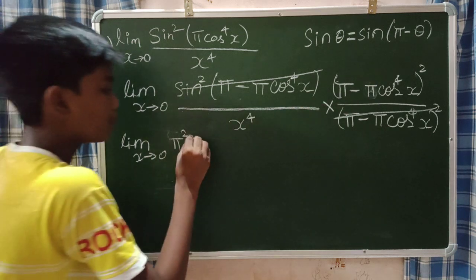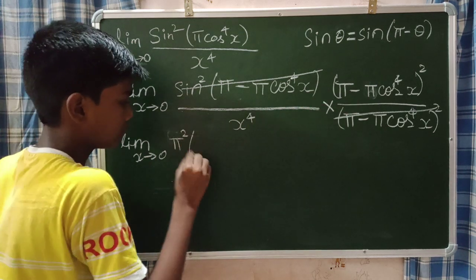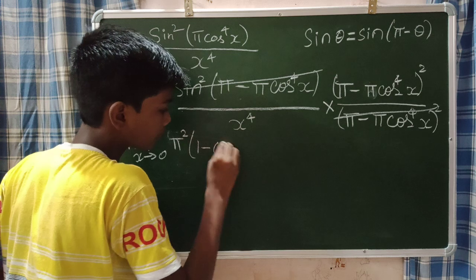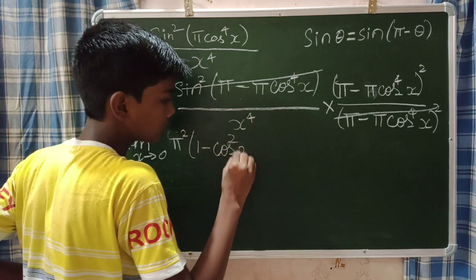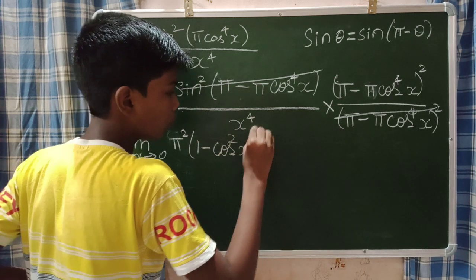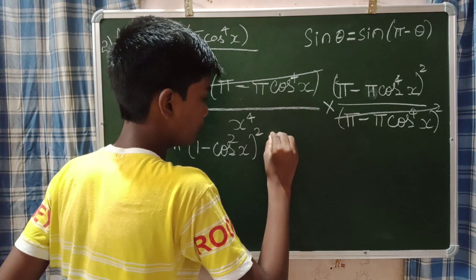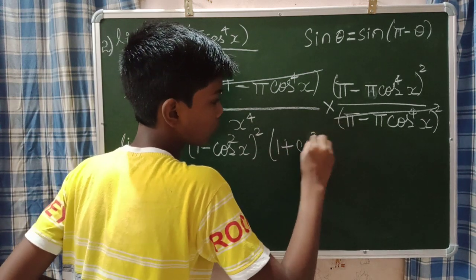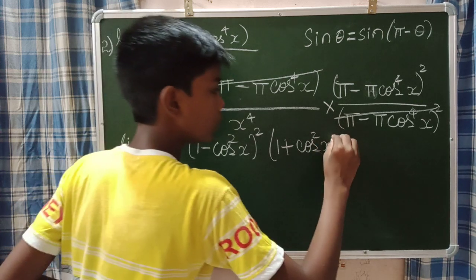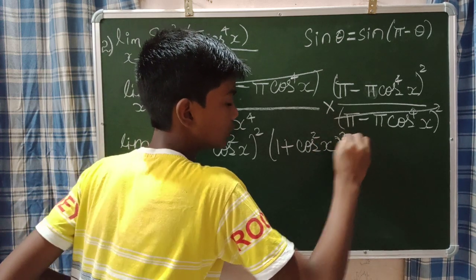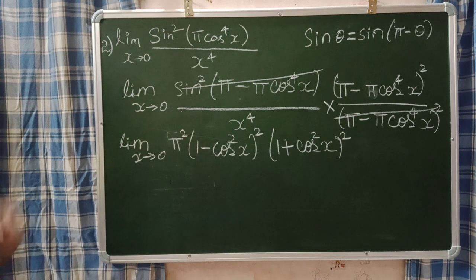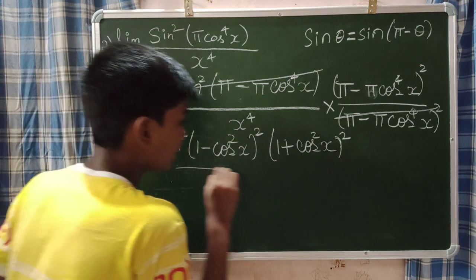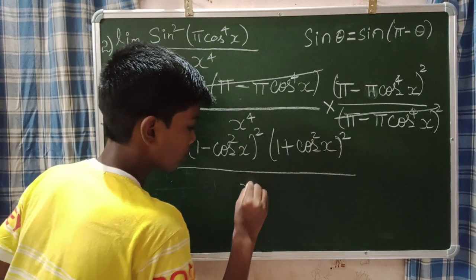Then I am going to multiply with 1 minus cos square x whole square into 1 plus cos square x whole square. This is what I am doing here. Now divided by x to the power of 4.